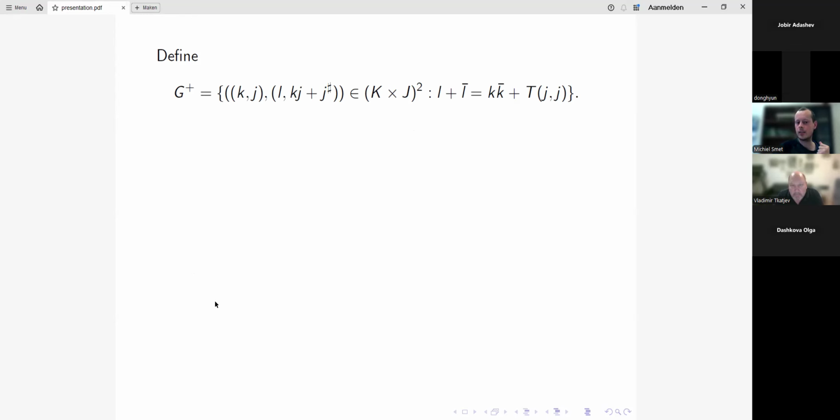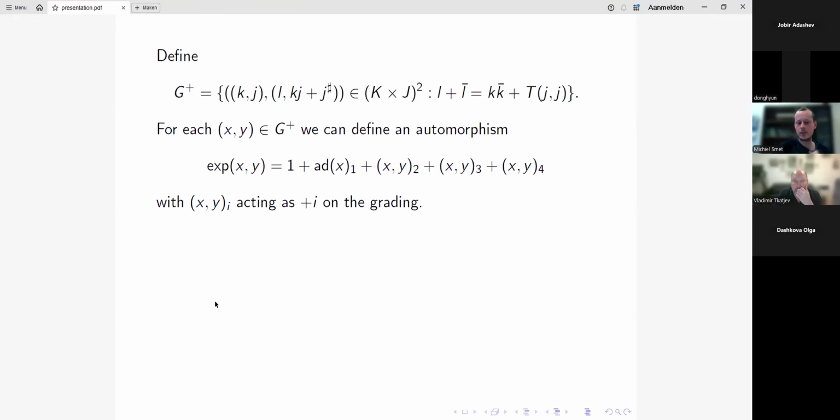So you take pairs of elements in the structurable algebra, where the second element is determined by the first element up to a skew element, namely L plus L bar equals something determines L up to a skew element, and the second component lies in K J plus J star, lies in J, which remains fixed under the involution. So this is how you define the automorphism group on an abstract level.